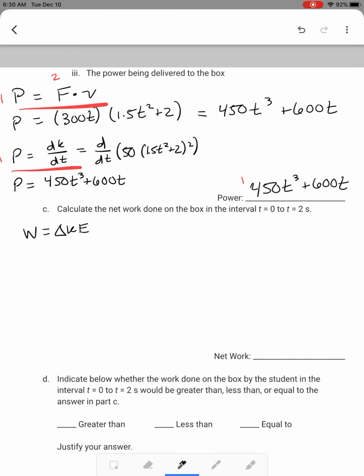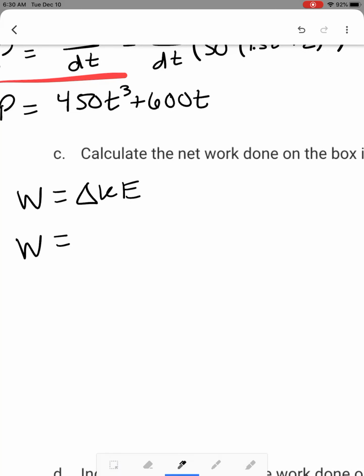So here, I can say that work is equal to 1/2 m times (v final squared minus v initial squared). Now, I need to figure out what this v final is going to be. So this is going to be v of 2. This is going to be v of 0, which I've already determined.